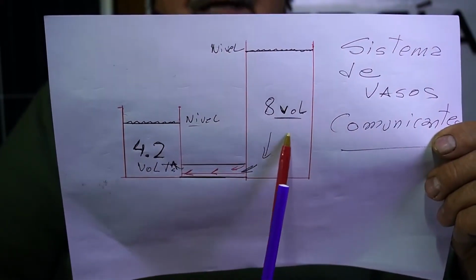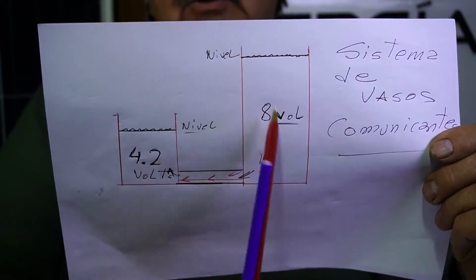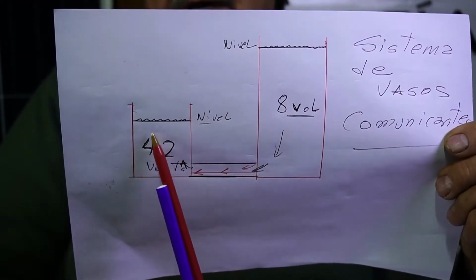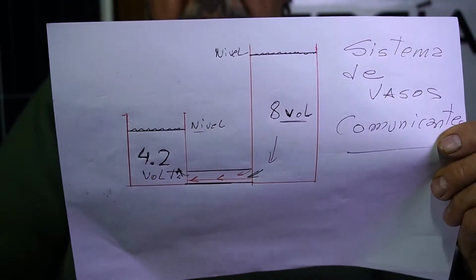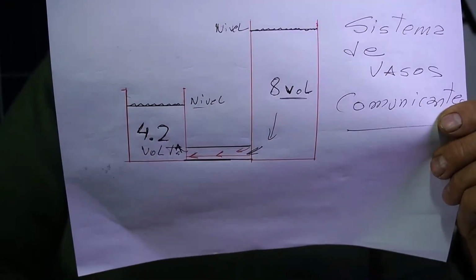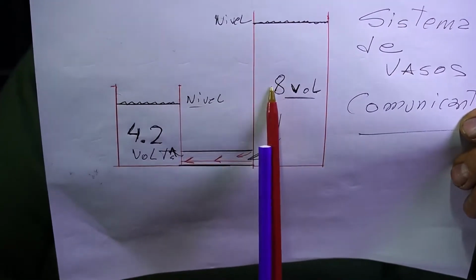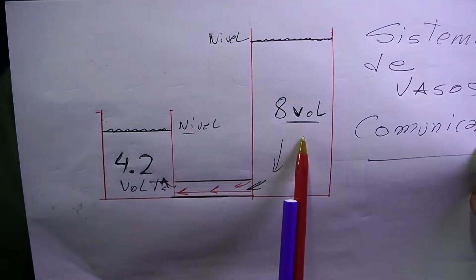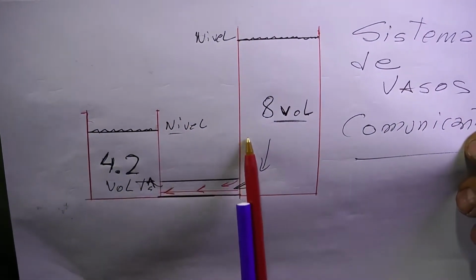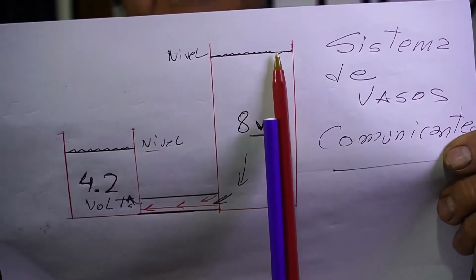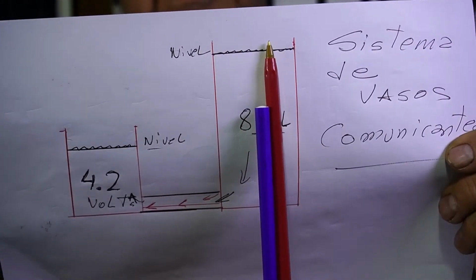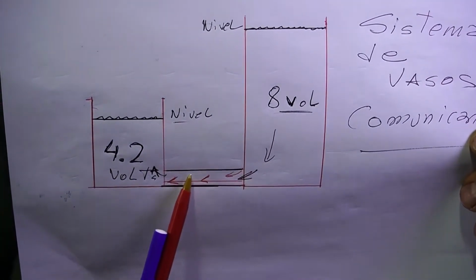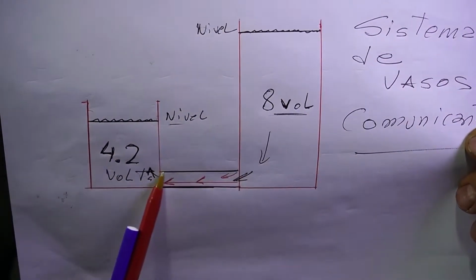Of course, as I explained, the charger has to have a higher level than the battery that we are going to charge. If we are going to charge at 4.2, as the specification table for this battery says, the charger must be above that level. It can be charged with 8 volts, with 5 volts, with 4.7, but what's going on? The higher the level of the charge generator, the faster the transfer will be that passes to the other glass.